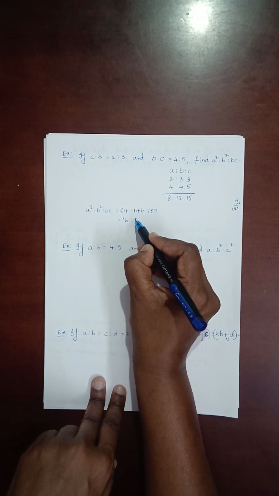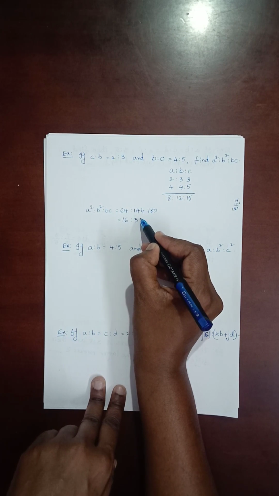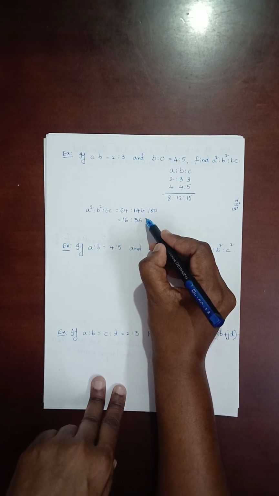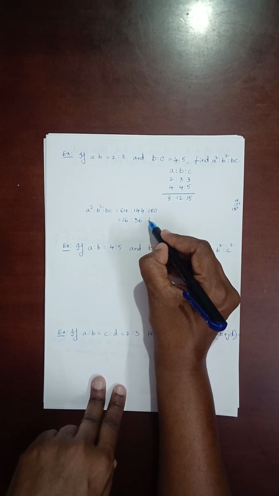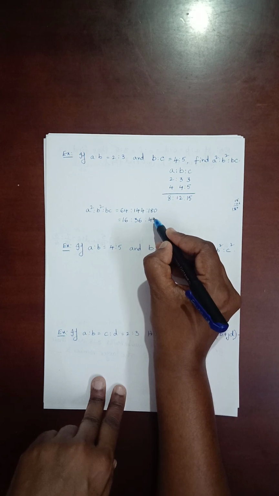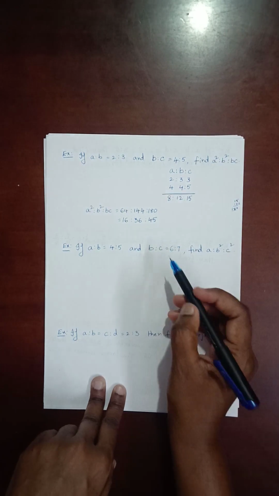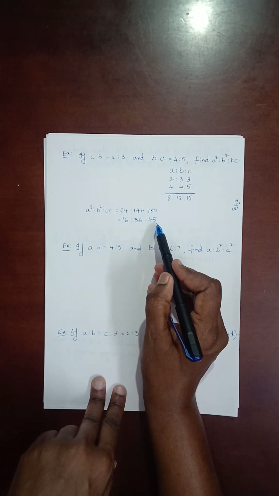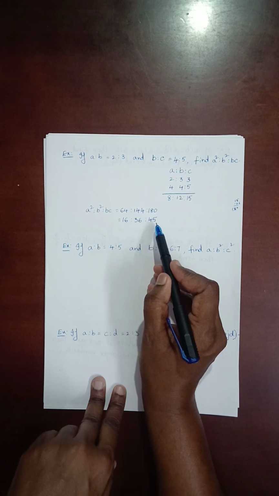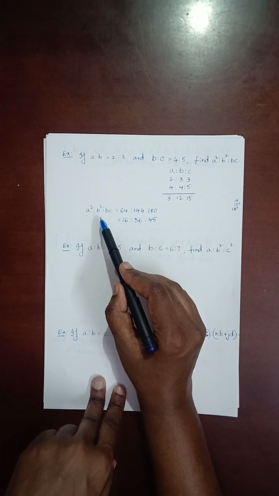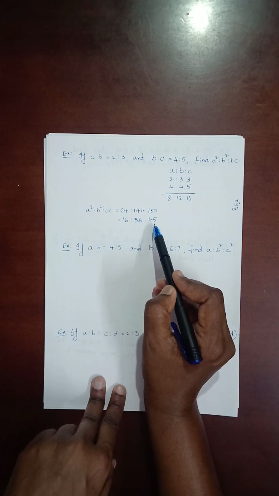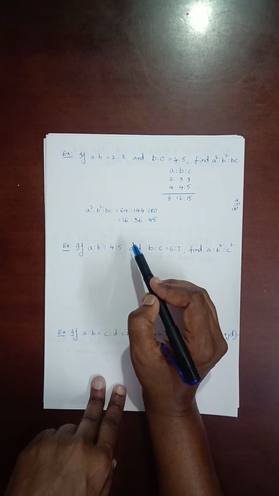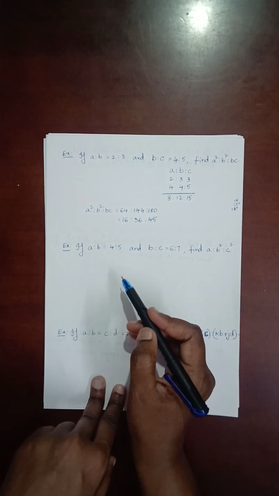Next 4 3s are 12, 4 6s are 24. 4 4s are 16, 4 5s are 20. So any common factor is there? No more common factors. So A square is to B square is to BC is 16 is to 36 is to 45. This is the ratio.